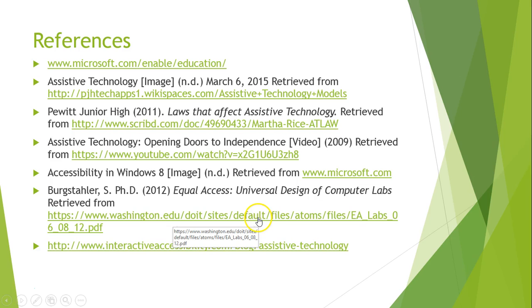And then here's some other information down here from Washington University, which talks about the universal design of computer labs and how you can incorporate assistive technology within your computer lab and even within your classroom learning environment, where you can provide those resources to students who have disabilities to help them become more independent in their learning and to help enhance their skills. I hope you've learned some information about assistive technology and how you can utilize it in your classroom.